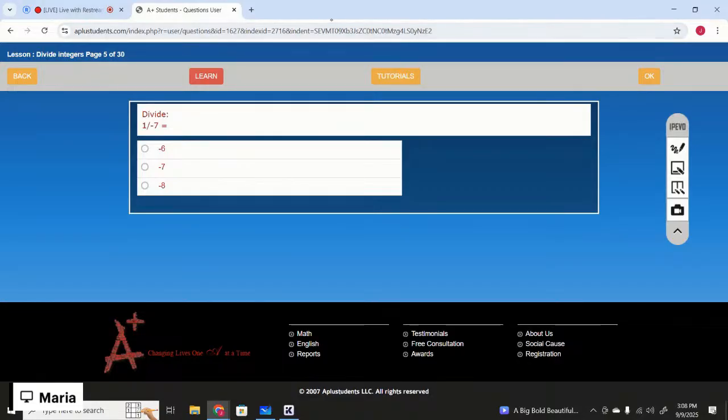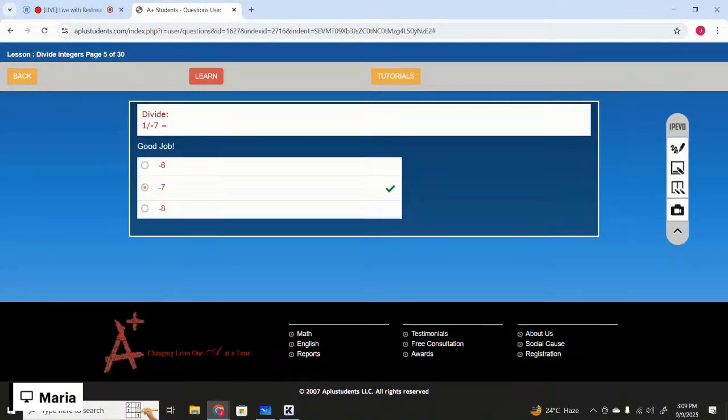Negative 7, 1 divided by negative 7. That is negative 7.